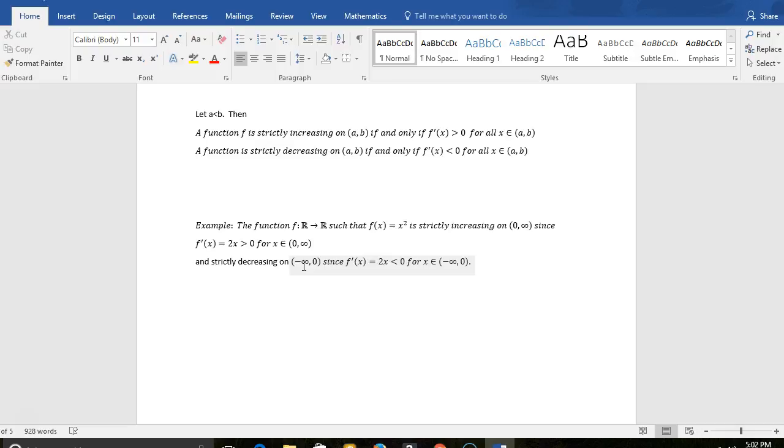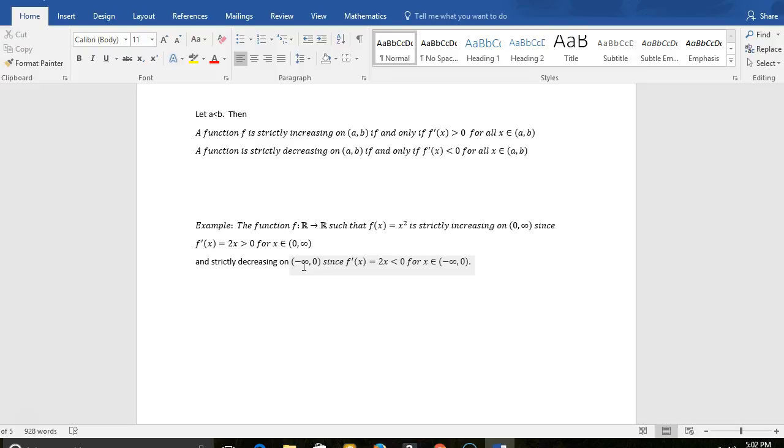When I say concave up and concave down, and when I say smile and frown, it's the graph of f itself that I'm talking about.